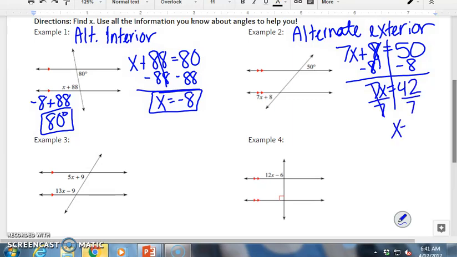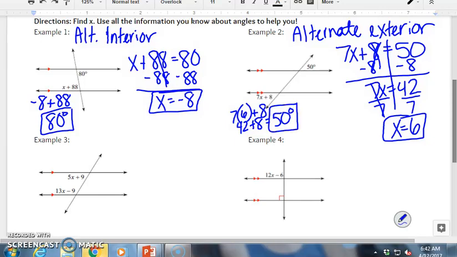So we get x equals 6. Now remember, 6 is one of the answers we need, but it's not an angle measurement. So we bring it over here, we plug it in. So 7 times 6 is 42. 42 plus 8 is 50 degrees.